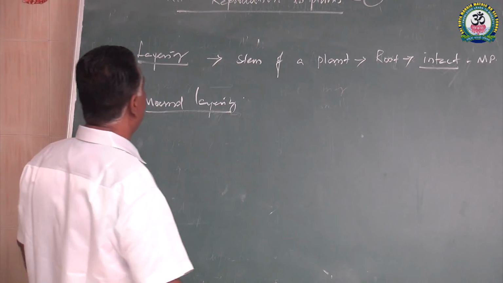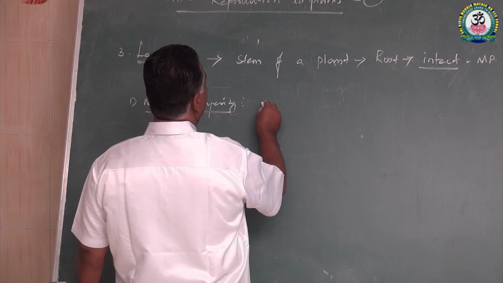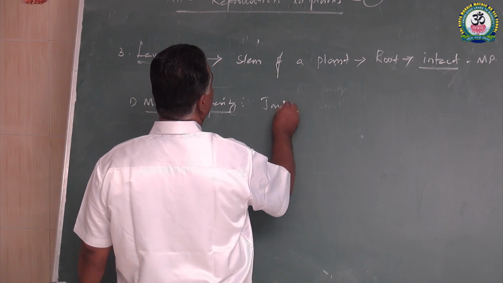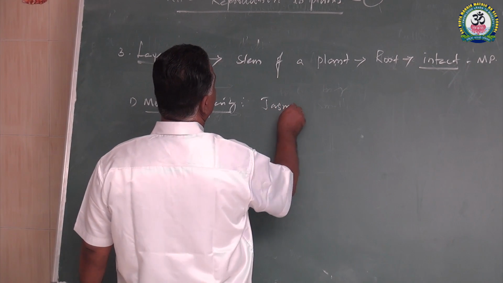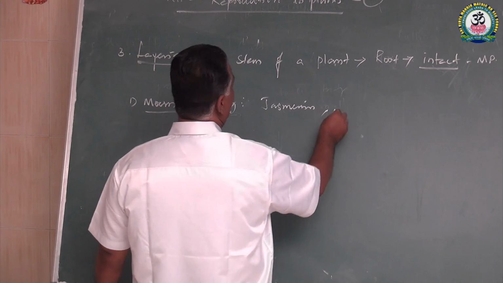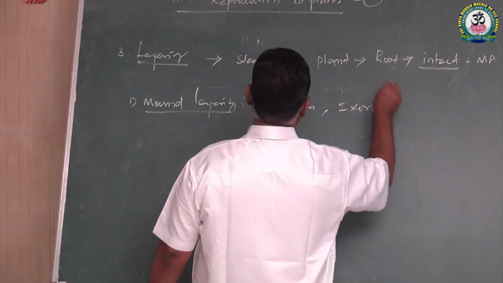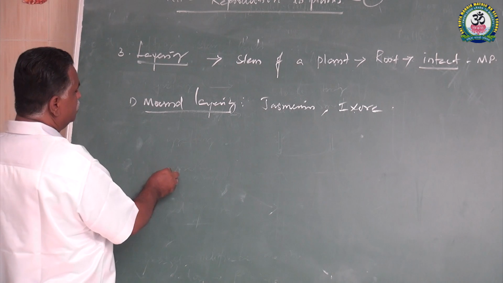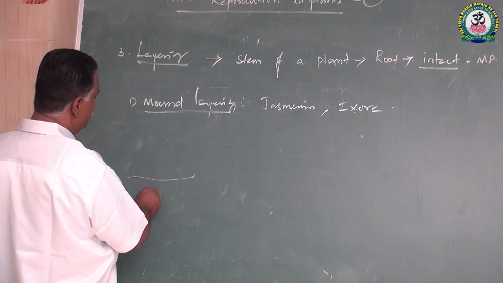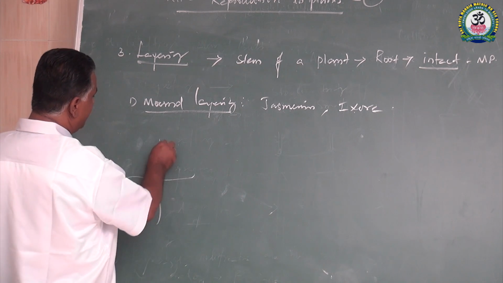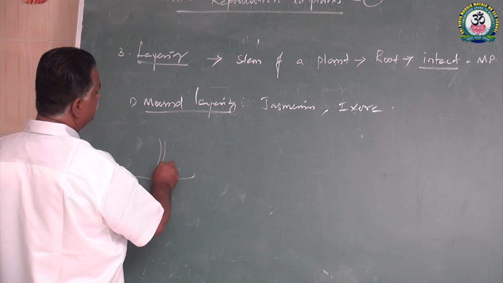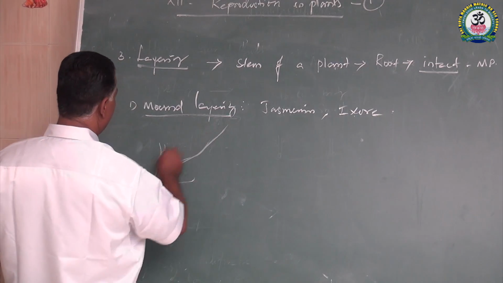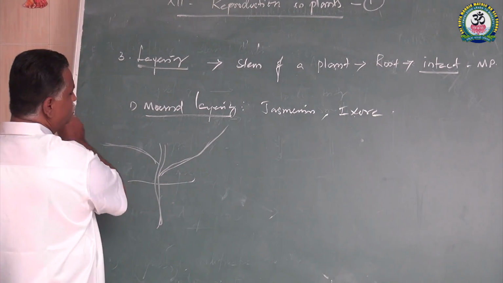This type of layering is adopted in Jasminum and Ixora. In Jasminum you would have seen that there are branches very near to the soil. If there are branches growing very near to the soil, what do they do?